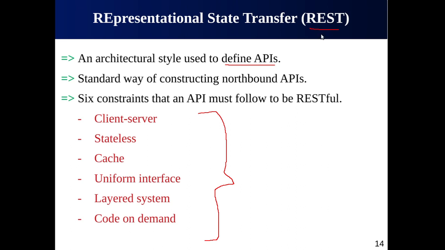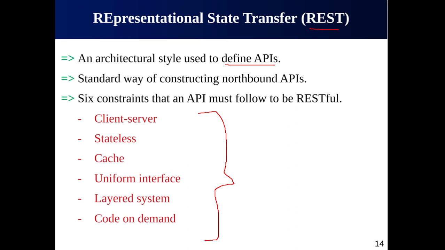It is not actually a protocol, it is not a language, or even an established standard yet, but it is a standard way, and it essentially defines 6 constraints that an API must follow.